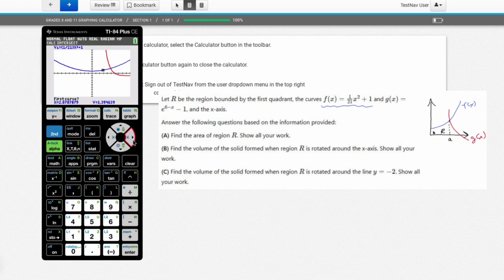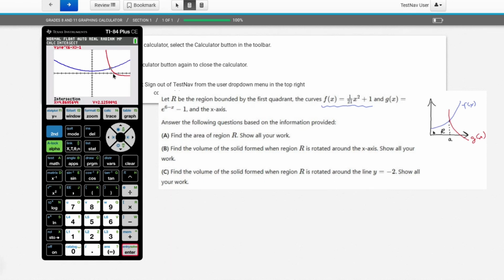For the first curve, I like to always hang just to the left of it. Hit enter. For the second curve, just to the right of the intersection, hit enter. Always guess, hit enter again. And we are going to pocket the fact that our intersection is 4.861. We're going to use that number over and over and over again. So A is 4.861.